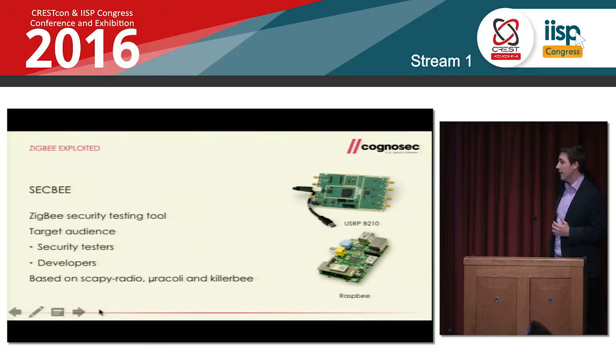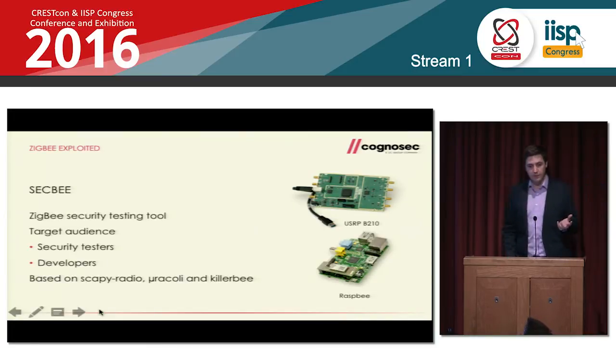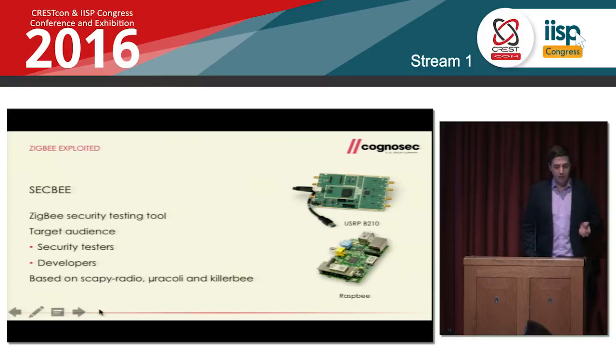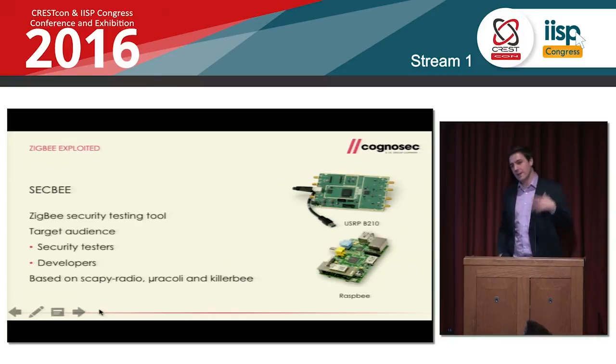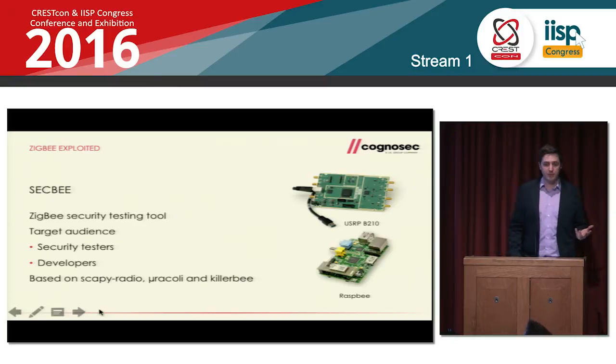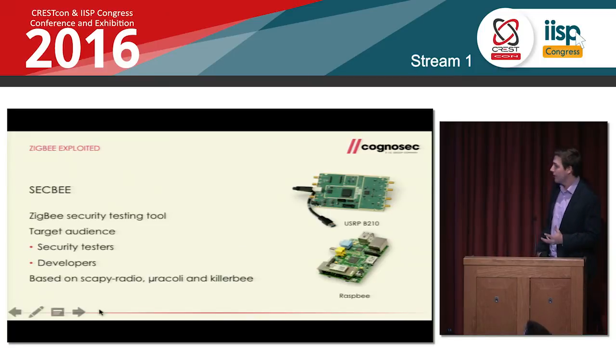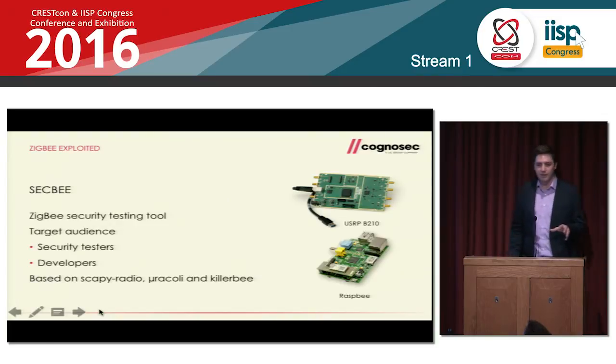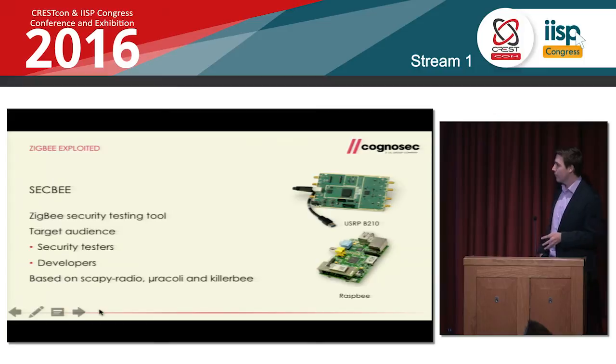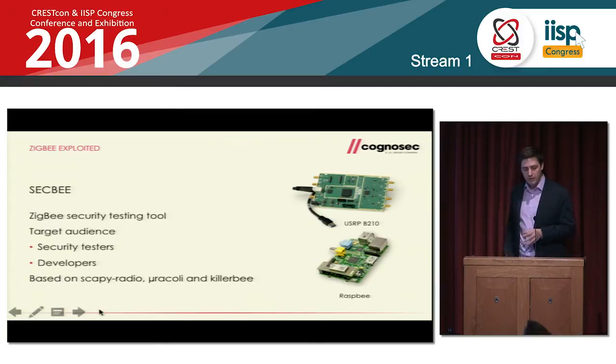So we also built a tool for security testing for ZigBee. We call it ZigBee. And it should be for developers and security testers to enable you to test your ZigBee implementations. So it's based on Scapy Radio, Miracoli, and Kilibee. Scapy Radio is a very interesting and great framework for wireless security analysis. So you can build your protocols in there.